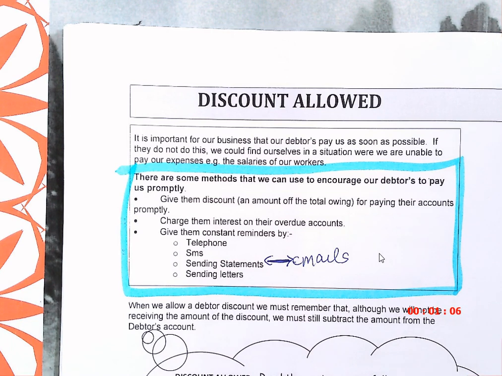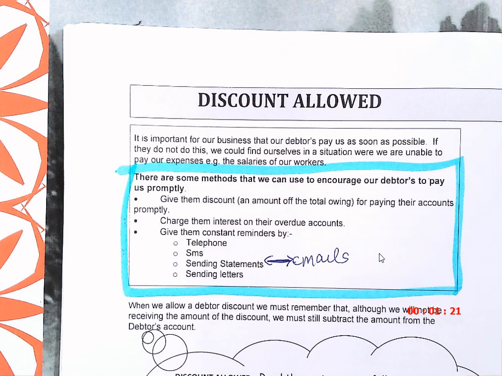Okay, so when we get invoices, at the bottom it will say T's and C's apply. It means terms and conditions apply.